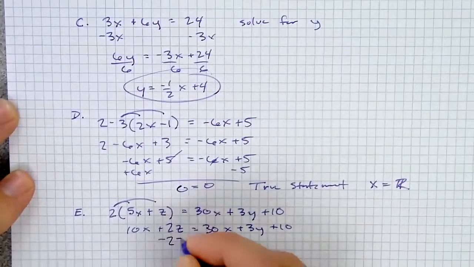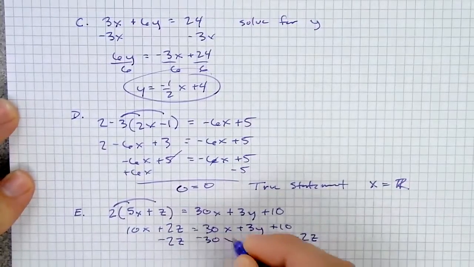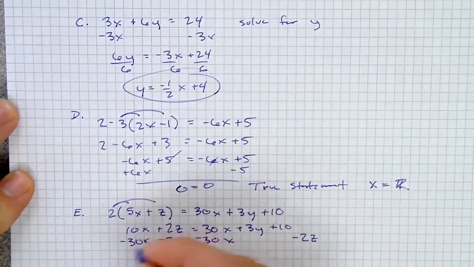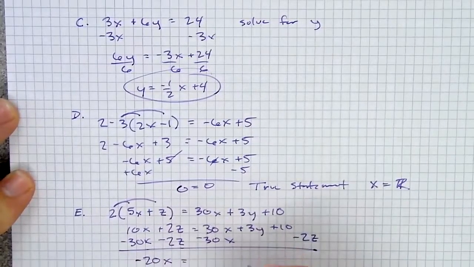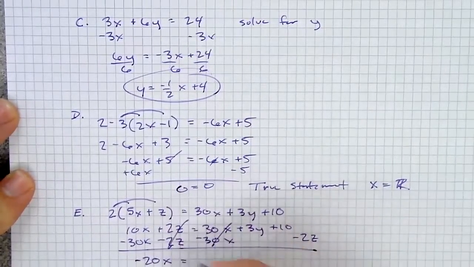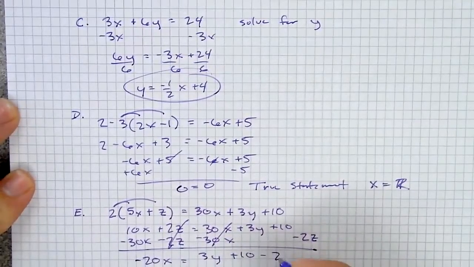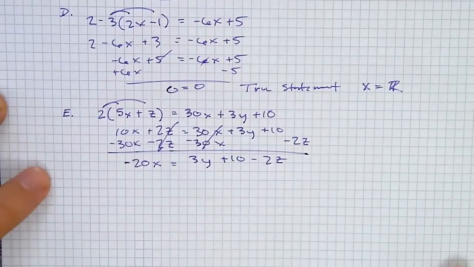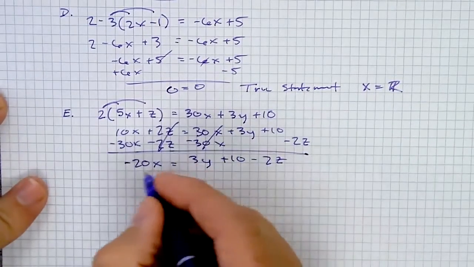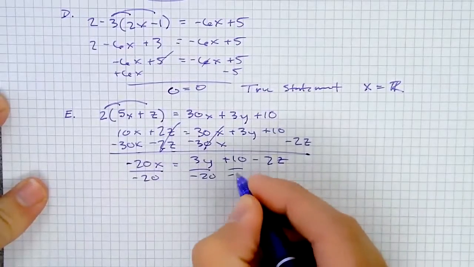All right, I got to move the 2z over here. I got to move the 30x over here. Negative 20x on the left. I get 3y plus 10 minus 2z. Okay, and then the last thing would be to divide everything by negative 20.